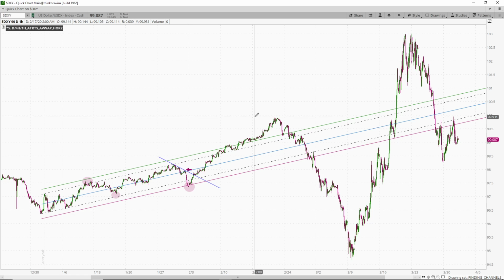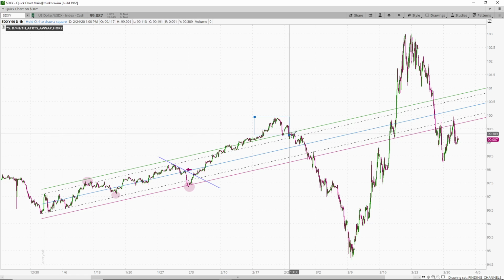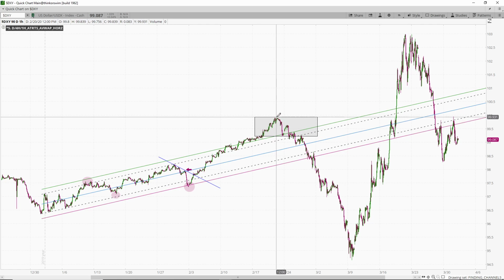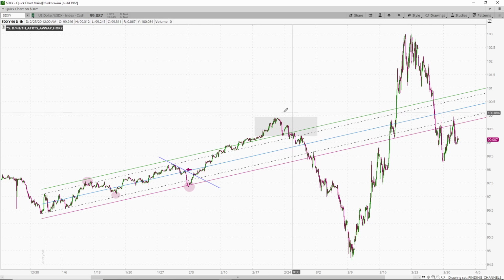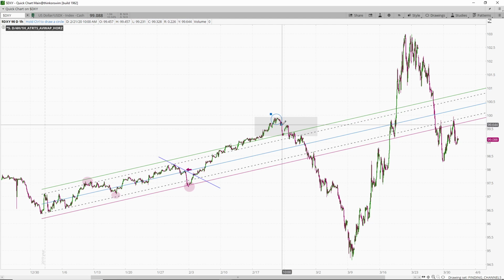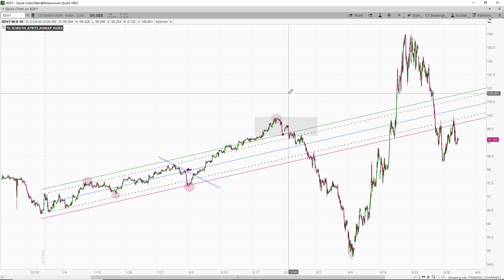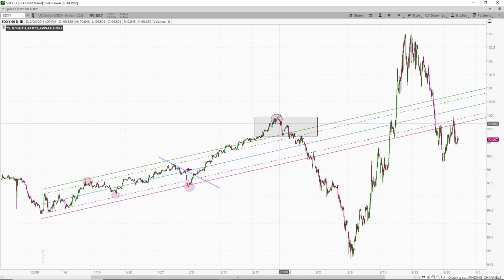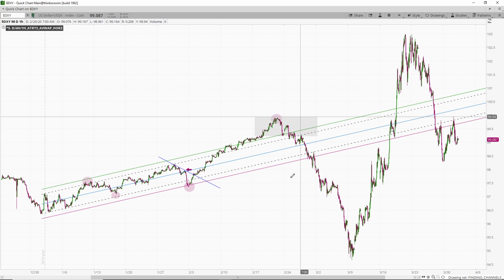So this is a notable area because there's so much excess going on up in here. We're well above the higher valued range, and this is the area where you want to potentially start to make some short plays.